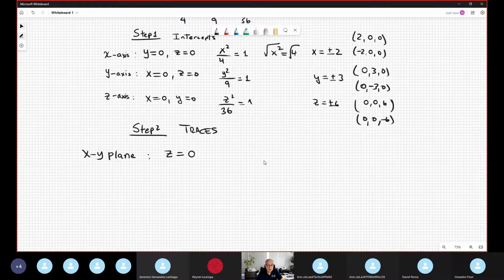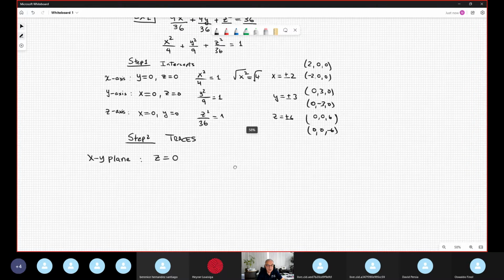Because we come back to our equation. If I declare that z is 0, my equation is x squared over 4 plus y squared over 9 equal to 1. Nice. And this you identify super fast. This is an ellipse.